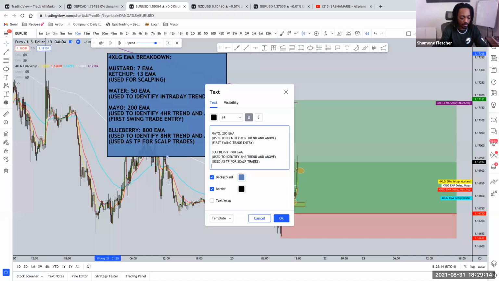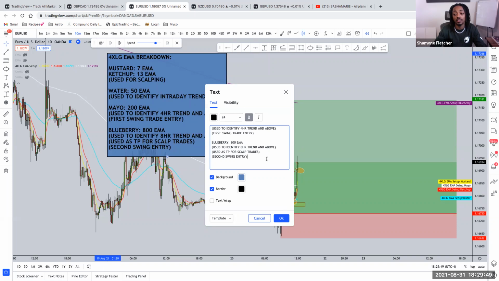All right. And then second swing entry. Now, when I say this is the second swing entry, technically, this 800 EMA entry is a position trade. When you're thinking about holding something like 8 hours, that's one candlestick taking 8 hours. That's more so a move you're going to be waiting for a couple weeks, possibly.